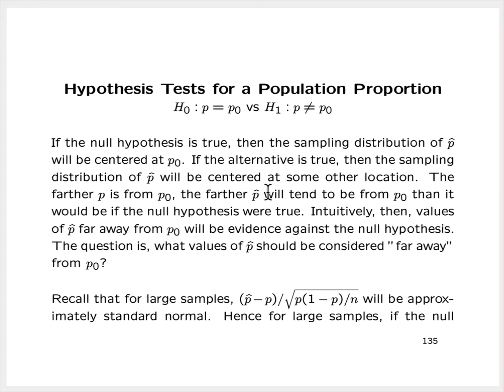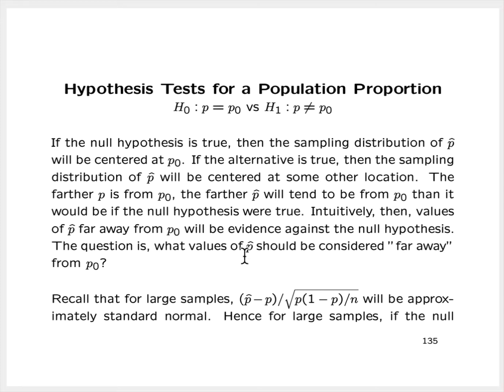But whatever the true value of p is, that is where the sampling distribution of p hat will be centered. And so intuitively, values of p hat that are far away from the hypothesized value p naught will be evidence against the null hypothesis. So the question is, what values of p hat should be considered far away from p naught?